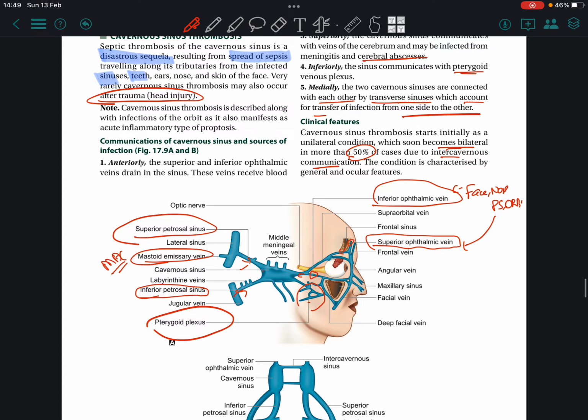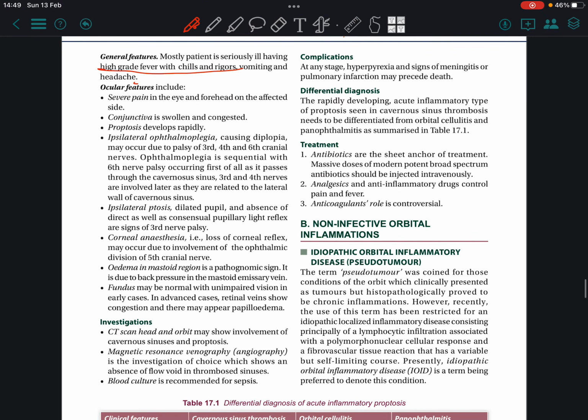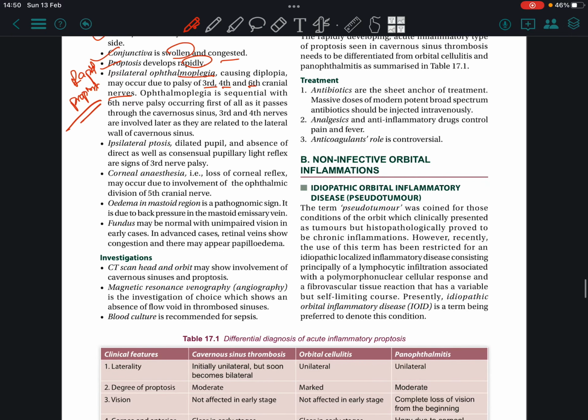This condition is characterized by general and ocular features. General features: seriously ill, high grade fever, chills and rigor, vomiting, headache. Ocular features: severe pain in the eye, forehead and affected side. Conjunctiva is swollen, congested. Rapid proptosis develops. Ipsilateral ophthalmoplegia causing diplopia may occur due to palsy of 3rd, 4th, 6th cranial nerves.